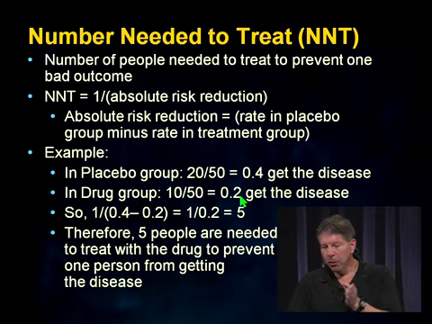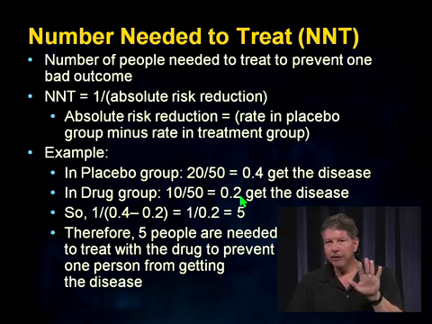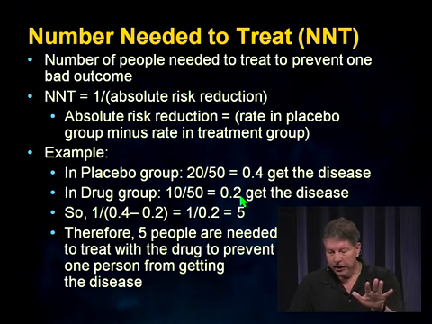Okay? So what was our rate in our placebo group? 0.4. What's the rate in our treatment group? 0.2. So you do 0.4 minus 0.2. That's 0.2. And then you do 1 divided by that difference. So 1 divided by 0.2 is 5. Okay? So I have to treat 5 kids to prevent 1 case of ADD.